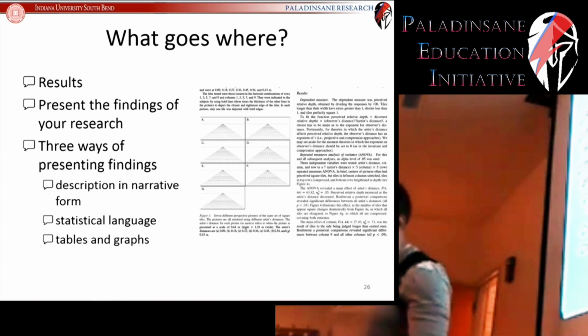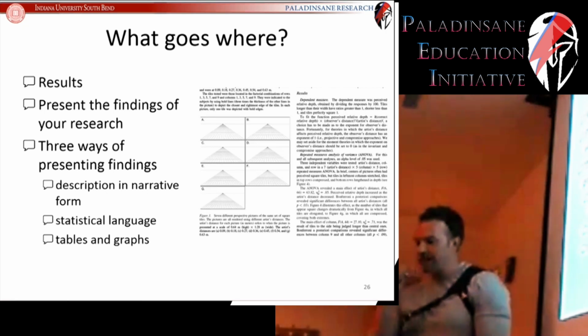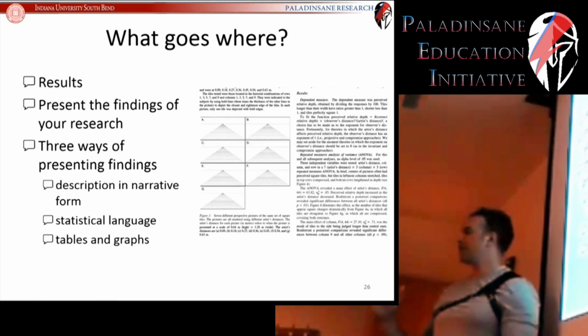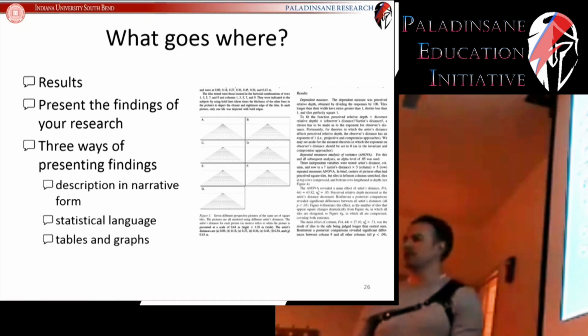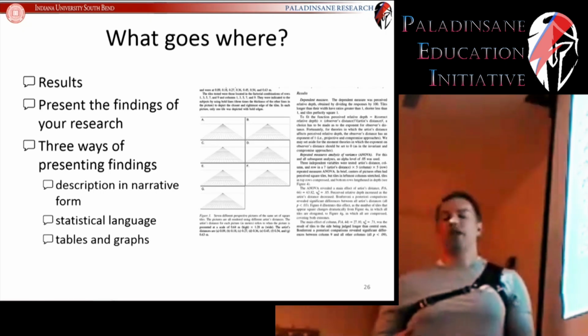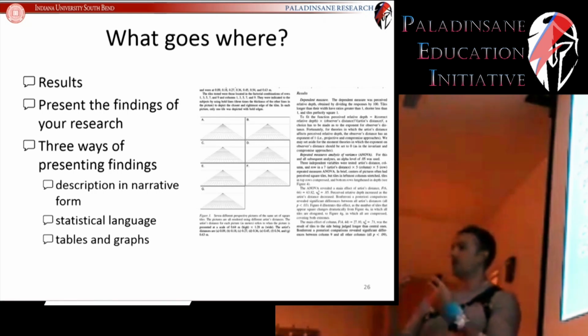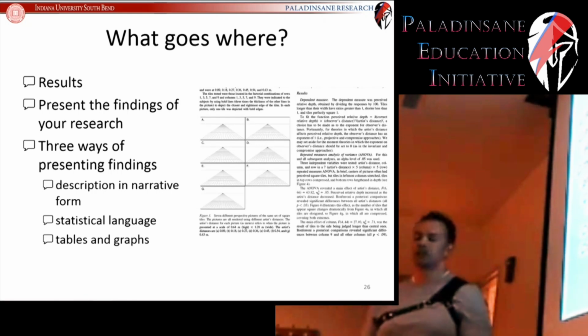The best analogy I can think of for the results section is that it is very difficult to understand. It's typically the most challenging section whenever you're reading a research report. So even today, it's the one I have to go through the slowest because it is the most challenging one to understand.